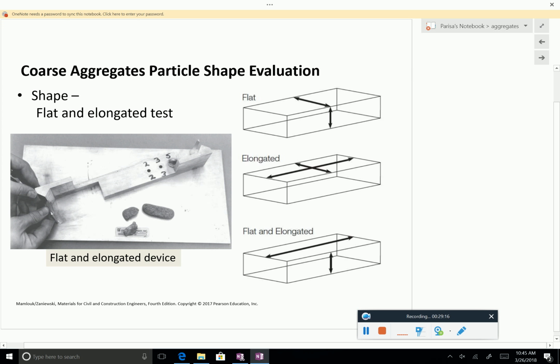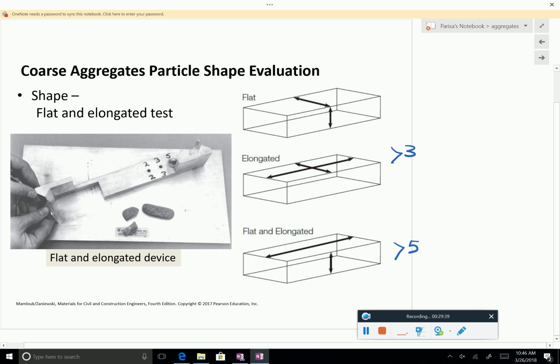And there are even methods and ways to measure, for example, if you have elongated and flat. As I said, if you have this ratio greater than 3, it will be elongated. If this ratio is greater than 5, it will be classified as flat and elongated.